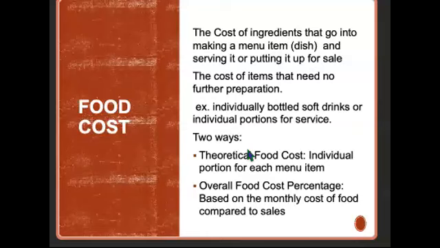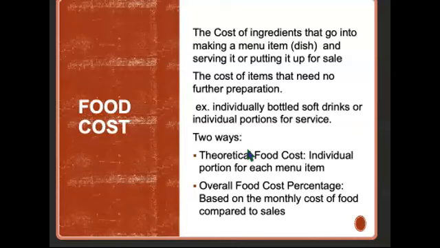So food cost is basically done in two ways. Theoretical food cost, which is an individual portion for each menu item, meaning, let's say, a filet mignon with potatoes and mixed vegetables.